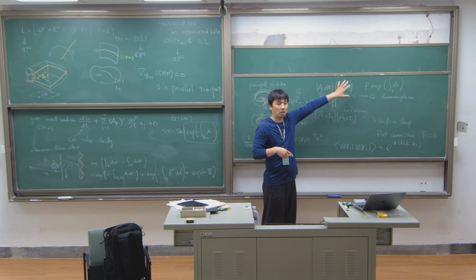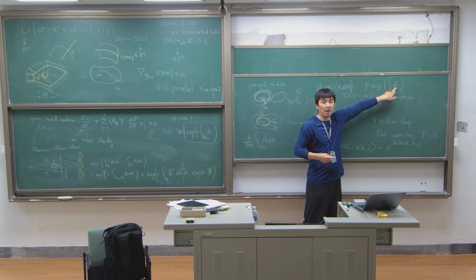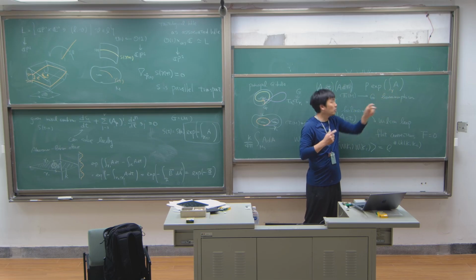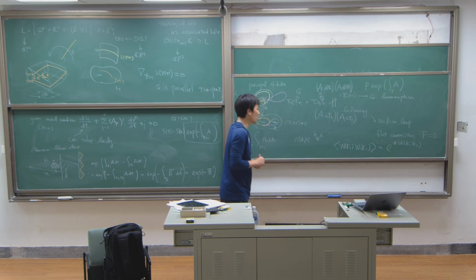So you have to specify how you do the integration. Otherwise, since A is matrix valued or Lie algebra valued, it's non-commutative. So you need to specify P, the path-ordered way of integrating, to define the so-called Wilson loop for non-abelian gauge group.